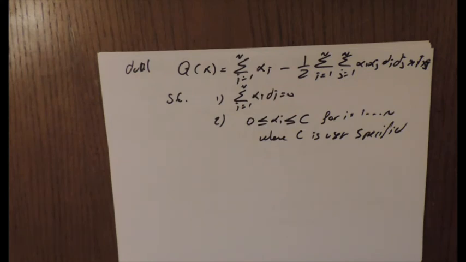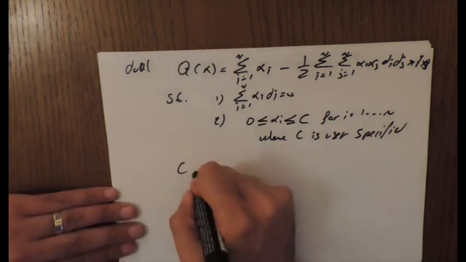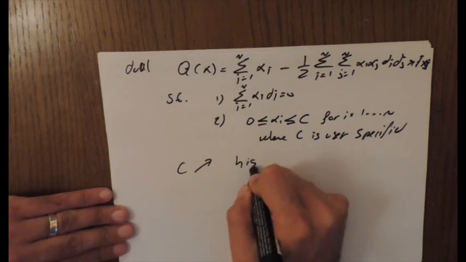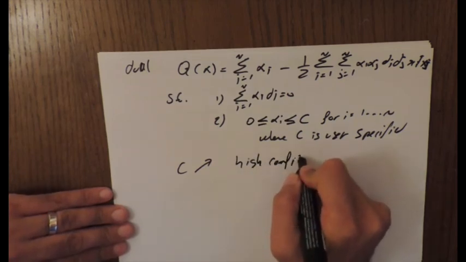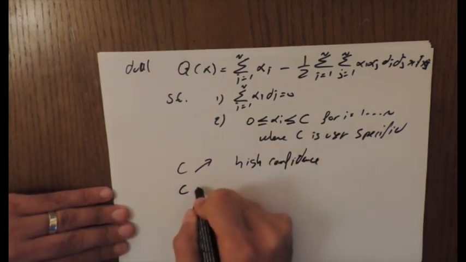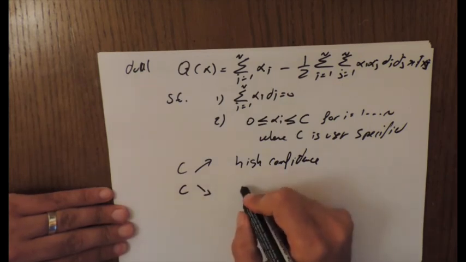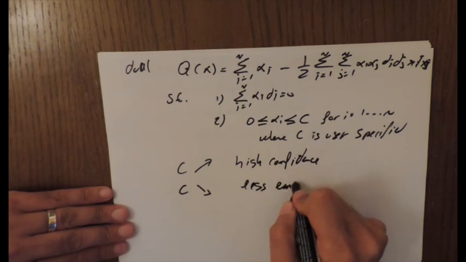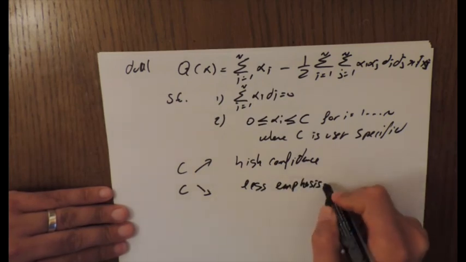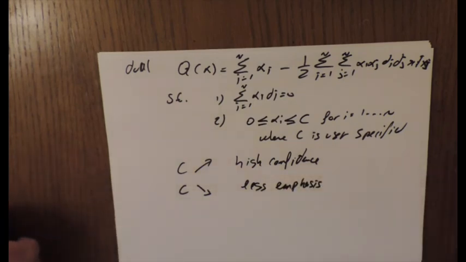So C is assigned by the user. If C has a large value, it implicates that the designer of the SVM has high confidence in the quality of the training. So C with a big value means high confidence. C with a small value means small confidence, or less emphasis should be placed on the training.